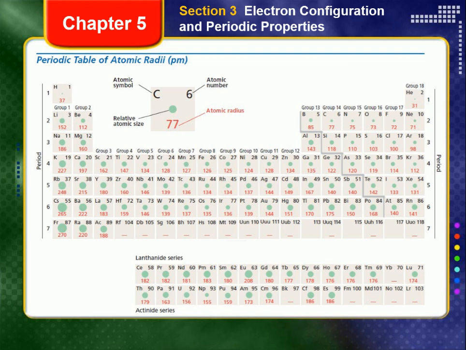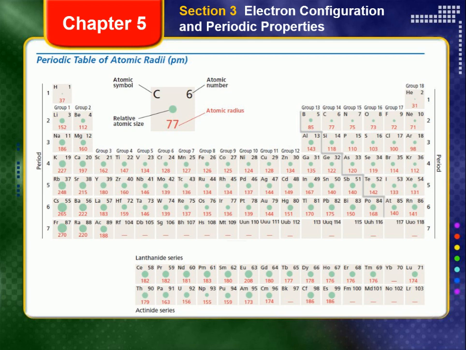Examine the atomic radii of the group 1 elements as seen in figure 5-13 on the screen now. Notice that the radii of the elements increase as you read down the group. As electrons occupy sublevels in successively higher main energy levels located farther from the nucleus, the sizes of the atoms increase. In general, the atomic radii of the main group elements increase down a group.